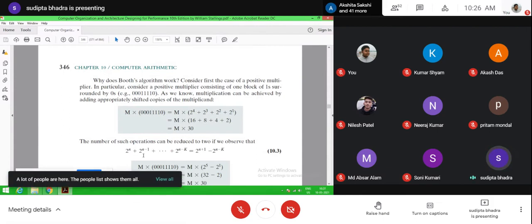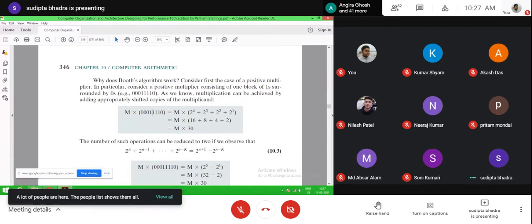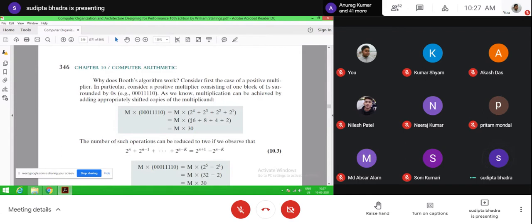So if we follow equation 10.3, now here the summation of those bit position values is 30.